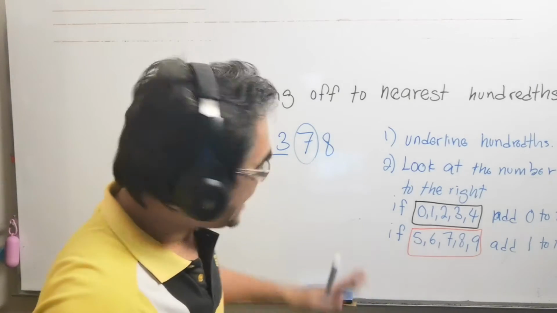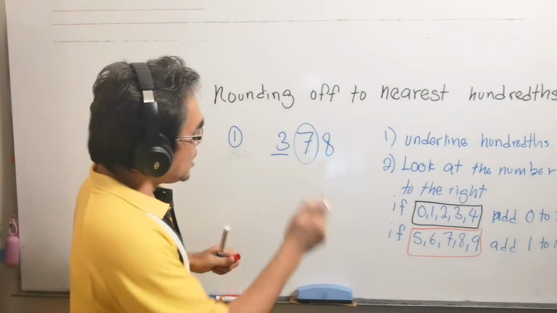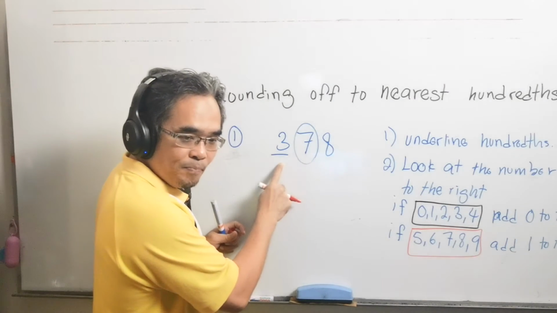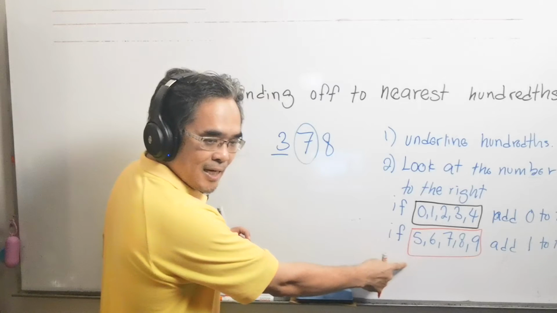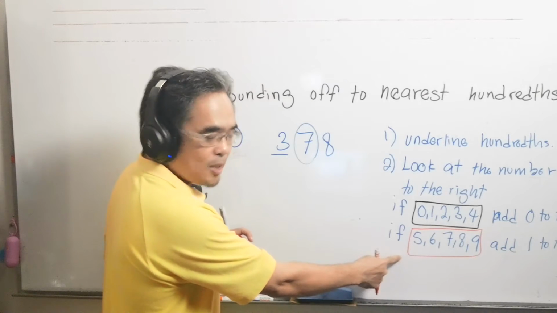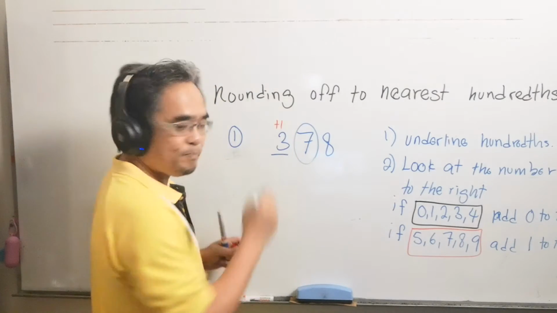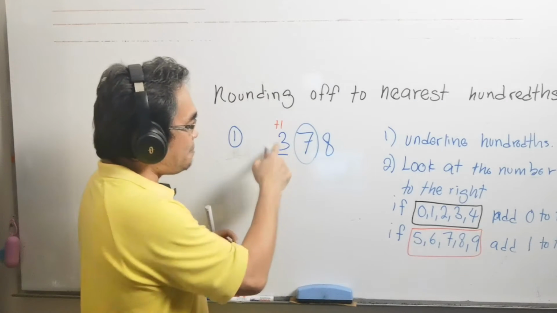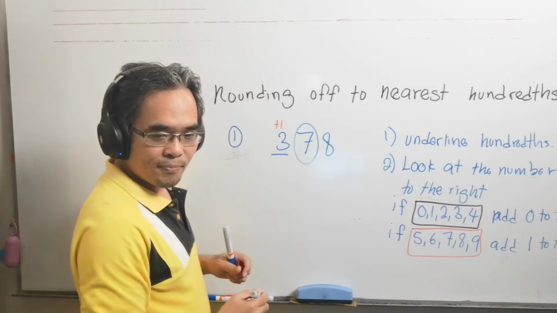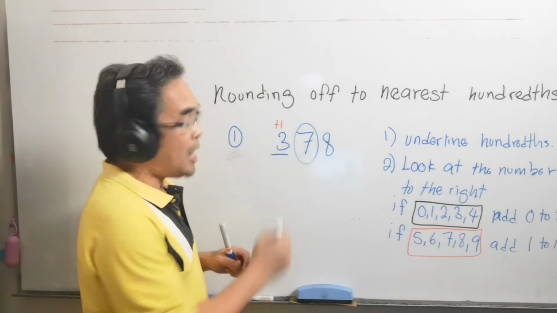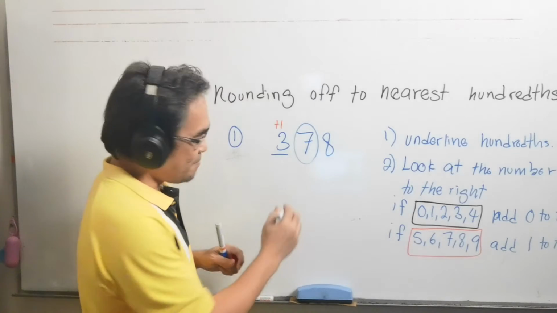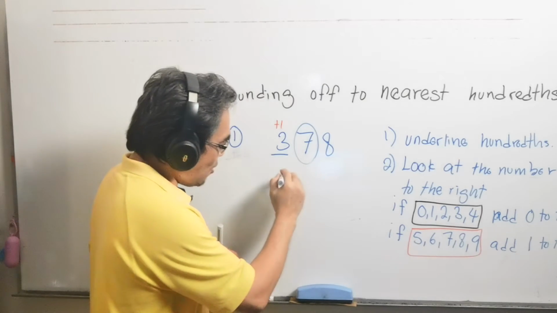So in this case, let's discuss this. Since the number to the right of the 100 is in the red one, you plus 1 here. So 1 plus 3 is what? 4.